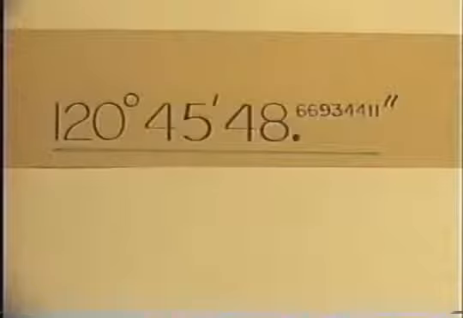Then, too, we have its West Giza longitude of 120 degrees, 45 minutes, 48.66934411 seconds. The final aspect echoing precisely the 48.66934411 foot radius of far-off Stonehenge.